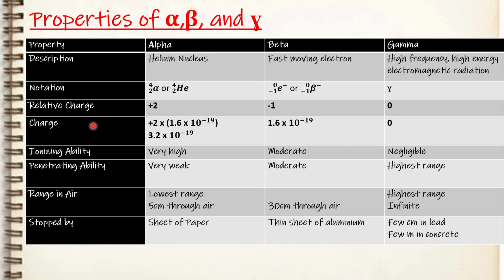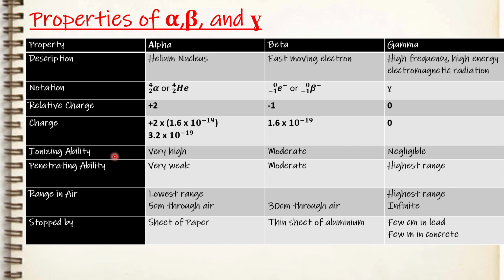The actual charge is plus 2e for alpha and minus 1e for beta, where e represents the electronic charge, which is 1.6 x 10^-19 C. So in calculations, to know the charge of an alpha particle, you multiply plus 2 by 1.6 x 10^-19, which is 3.2 x 10^-19. Likewise for beta.